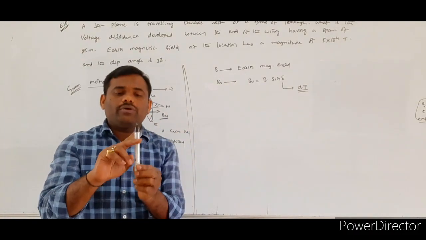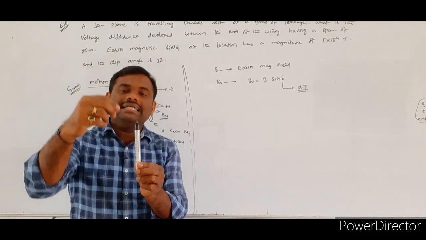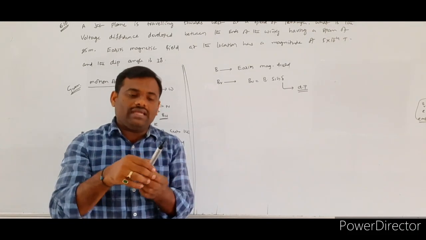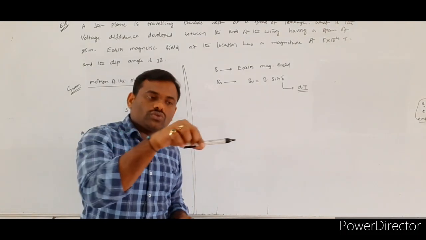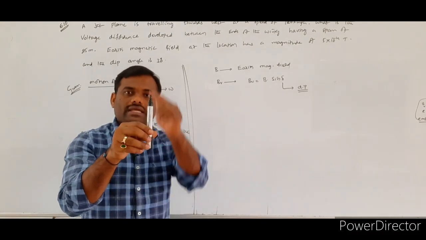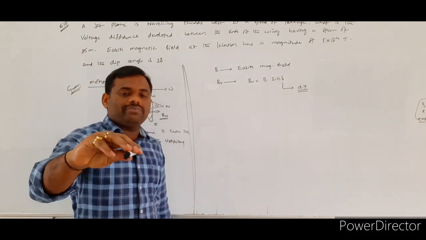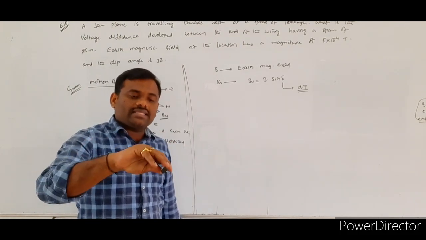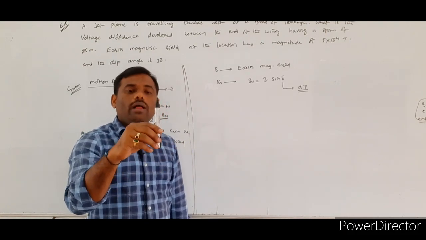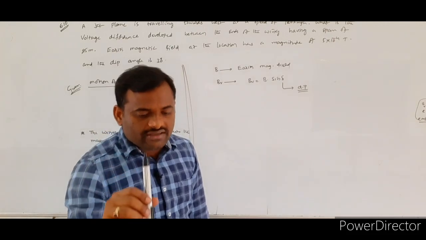The vertical component of the earth magnetic field acts vertically upwards, and the length of the wing acts from south to north, so this length is perpendicular to the vertical component of the magnetic field, and the velocity acts from east to west. This velocity is perpendicular to the wing, and also perpendicular to the vertical component of the earth magnetic field.